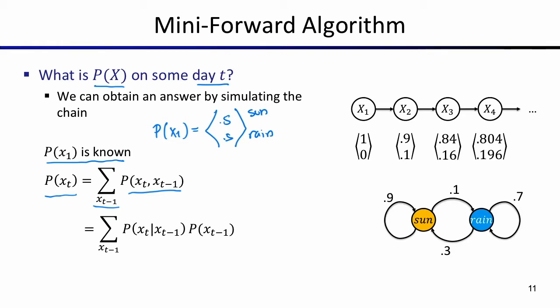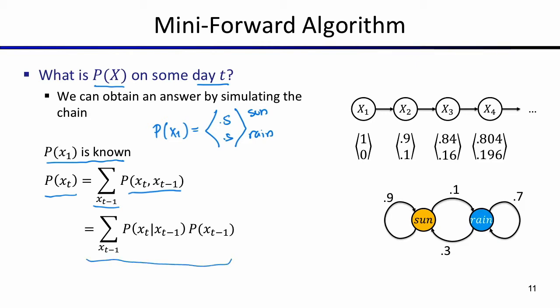So in this case, I'm doing the opposite operation. I'm introducing a new variable by summing over all possible values of xt minus 1. And given this joint probability of xt and xt minus 1, what I can do is apply the Bayes conditioning and transform this into a conditional probability. And that gives us this expression here.